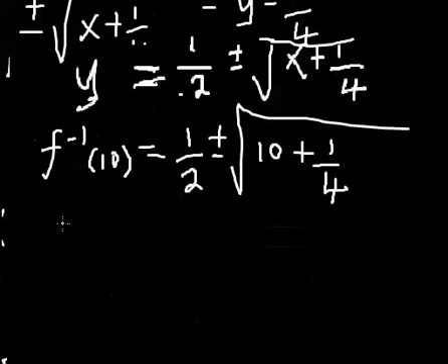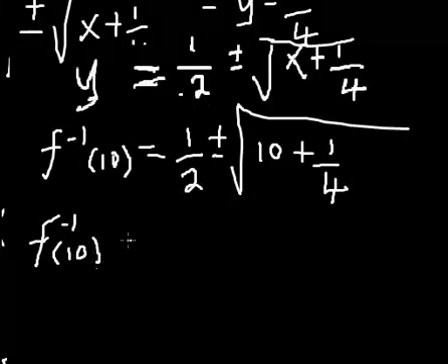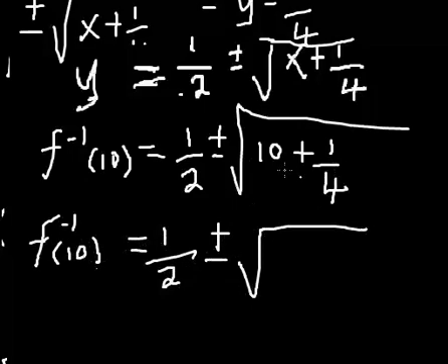Okay, so how do we do that? So f inverse of 10 is equal to 1 all over 2 plus or minus, if we simplify this fraction, the LCM is 4. Then 4 divided by 1 is 4, 4 times 10 is 40.